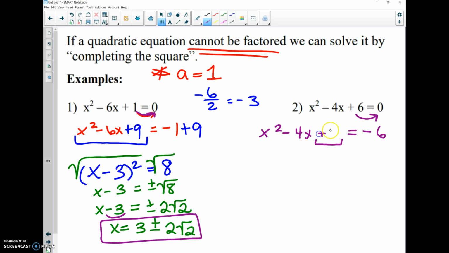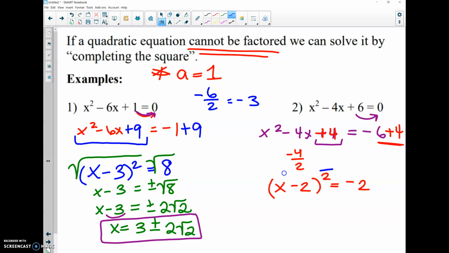If you said 4, you are correct. What we do to one side we have to do to the other. This was -4 divided by 2, so -2 squared was +4, so x minus 2 squared. On the right-hand side, -6 plus 4, we cannot forget to add our c to both sides, so -2.